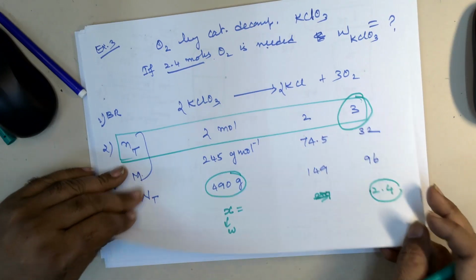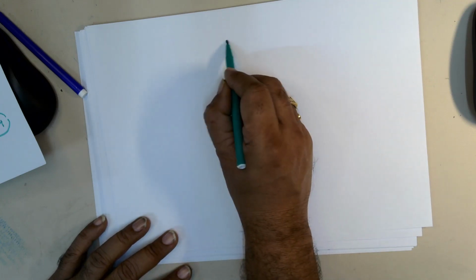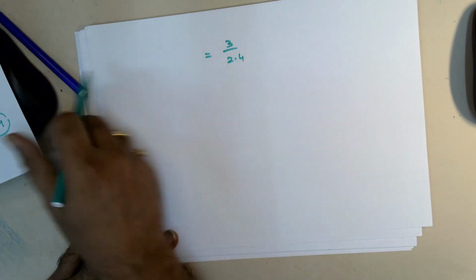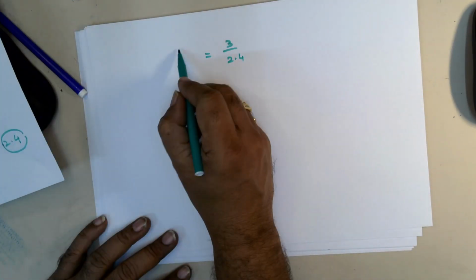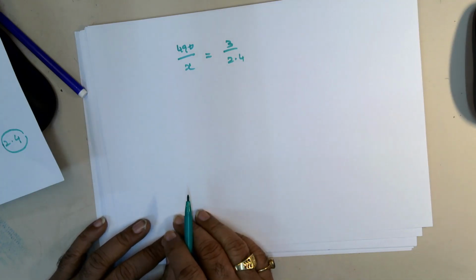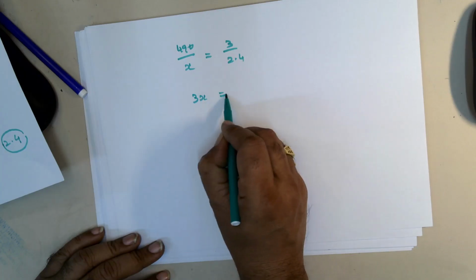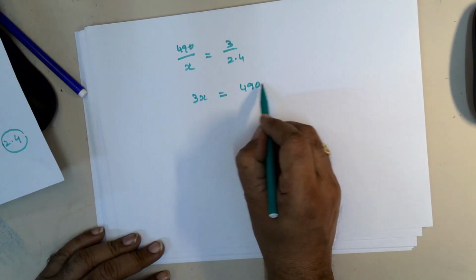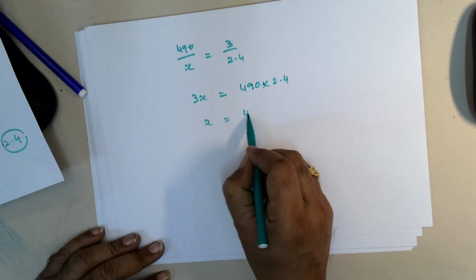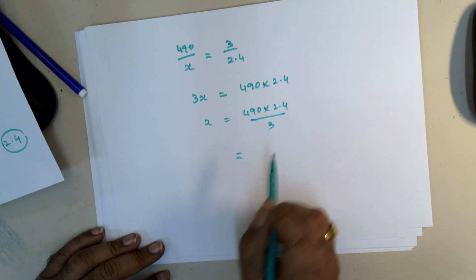So what you can do, that is, you can put like this, 3 divided by 2.4, and here 490 divided by x. Got it? Okay. Now 3x is equal to how much? 490 into 2.4. So x is equal to 490 into 2.4 divided by 3. Now tell me.